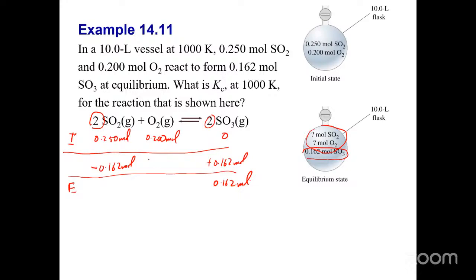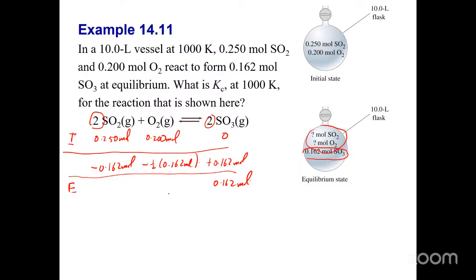So therefore, what that tells us is that the amount of change as far as the SO2 is concerned would be minus half of 0.162 moles. All right? So now that we have the changes, we can calculate the amount of both SO2 and O2 at equilibrium. So as far as the SO2 is concerned, that would be 0.250 minus 0.162.